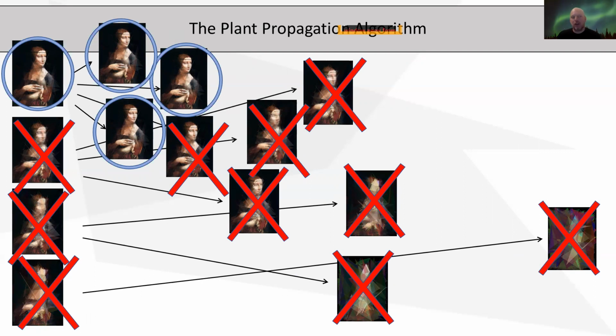And that is one generation of the plant propagation algorithm. So in the next generation, these 4 will be ranked, and the whole process will restart, making new offspring, etc., generation after generation after generation.